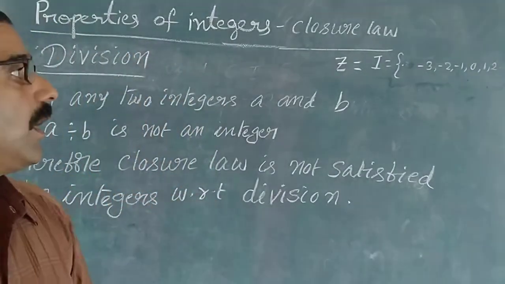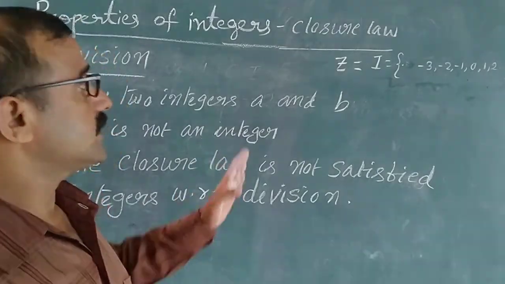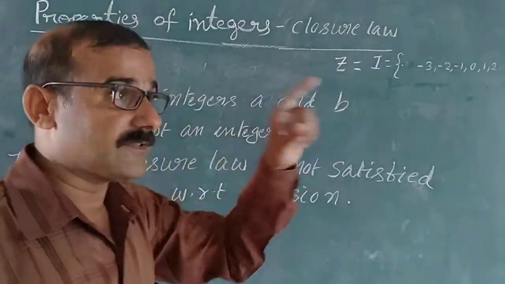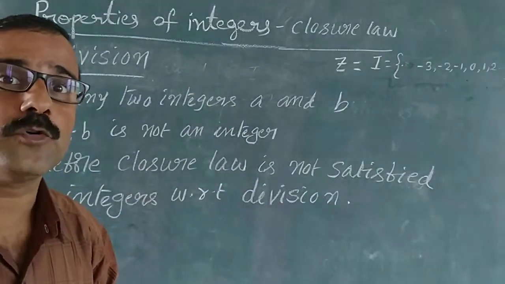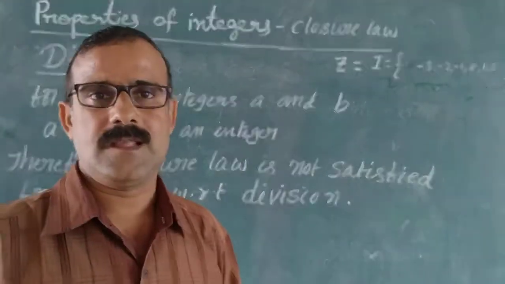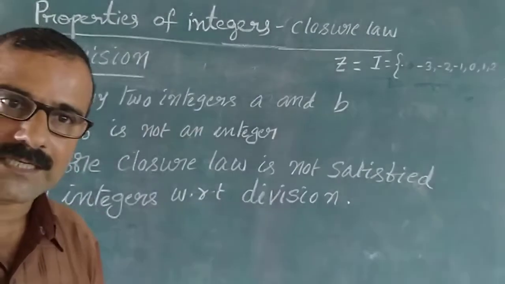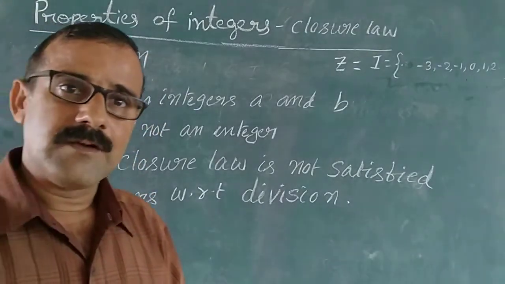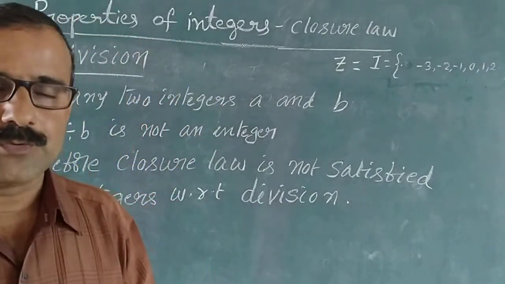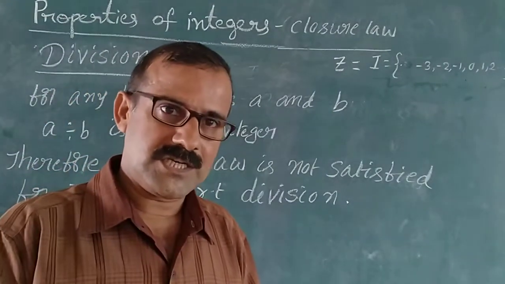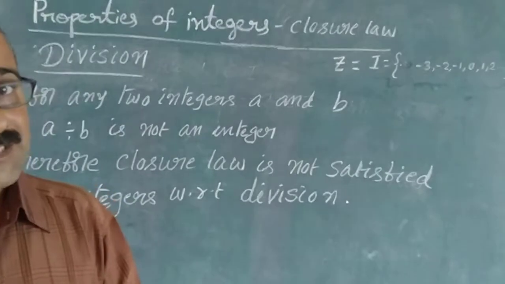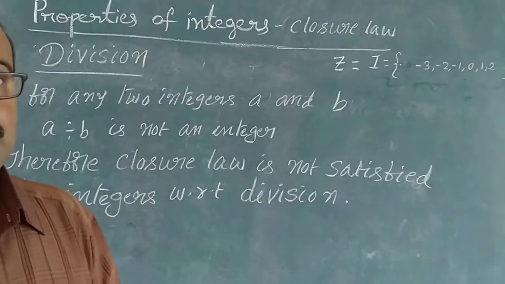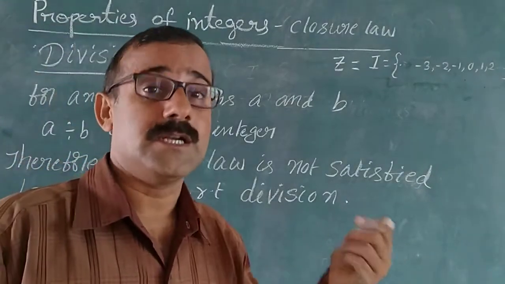From this we concluded that Closure law is satisfied for integers with respect to addition, subtraction and multiplication. But Closure law is not satisfied for integers with respect to division.